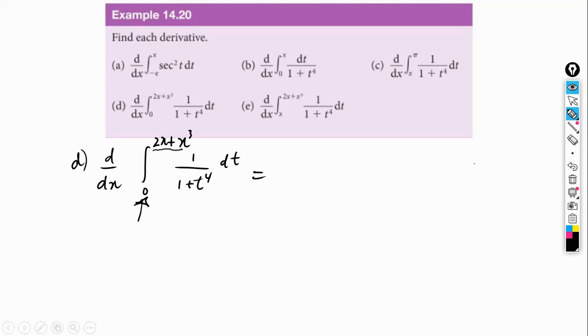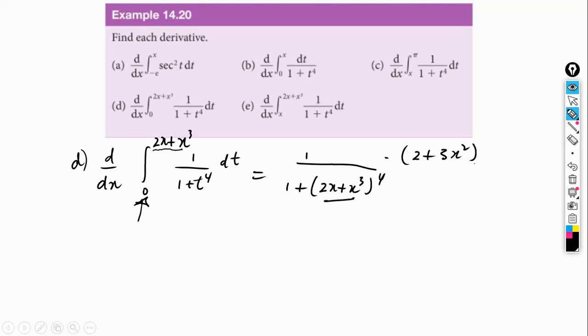In other words, this is going to equal, nice and straightforward like before, 1 over 1 plus the upper bound to the 4, so it's going to be 2x plus x cubed, this to the 4, times the derivative of this, which is going to be 2 plus 3x squared.